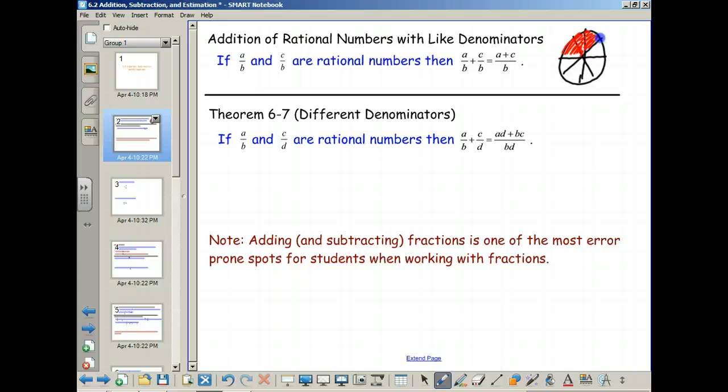The problem if you have denominators that are different is that you can't add the size of those. So again, let's say that we have not a piece of pie, a whole pie, 2 whole pies. But we cut one of them into 8ths. And we cut the other one into 6ths.